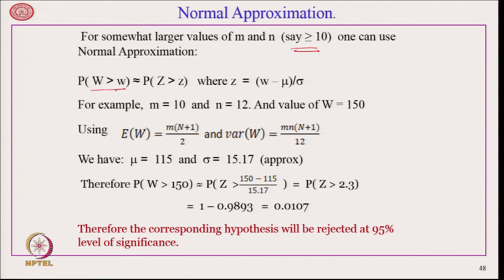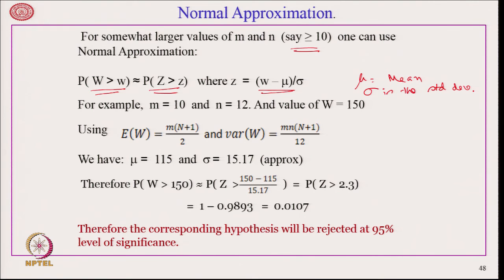So, probability w greater than small w is equivalent to probability capital Z greater than small z, where z is equal to w minus mu upon sigma, where mu is equal to the mean and sigma is the standard deviation.